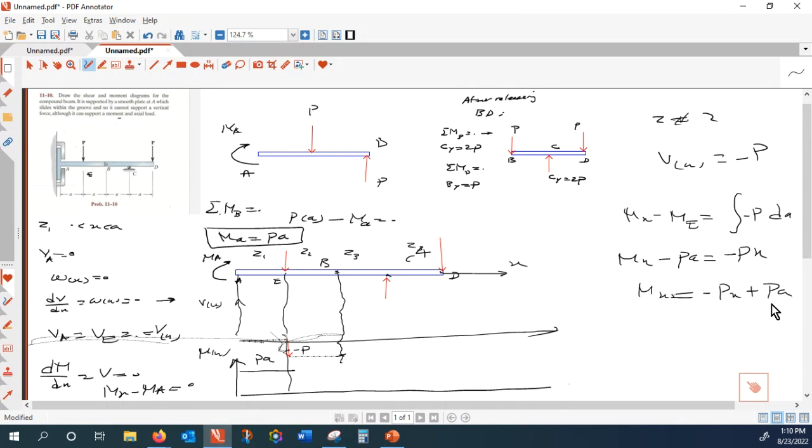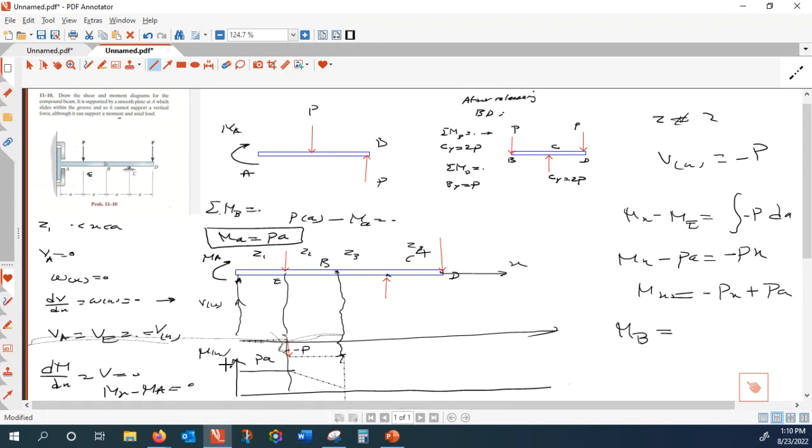So it means the bending moment changes linearly in a decreasing way. And to find out the bending moment at point B, I have to plug x equal to a, and that is 0. So from here, the bending moment reduces to 0.